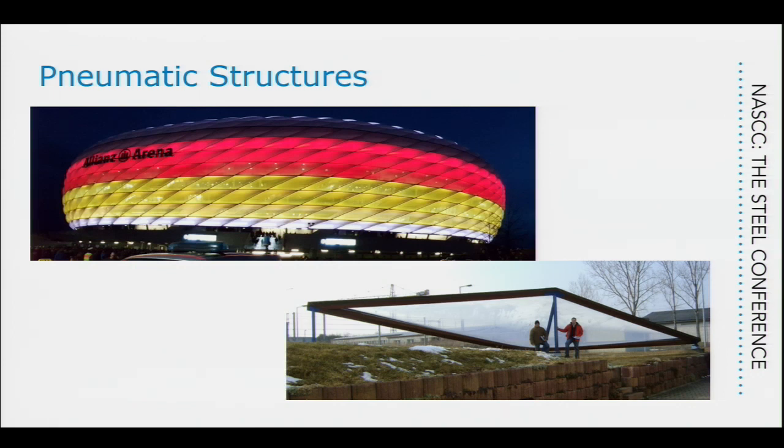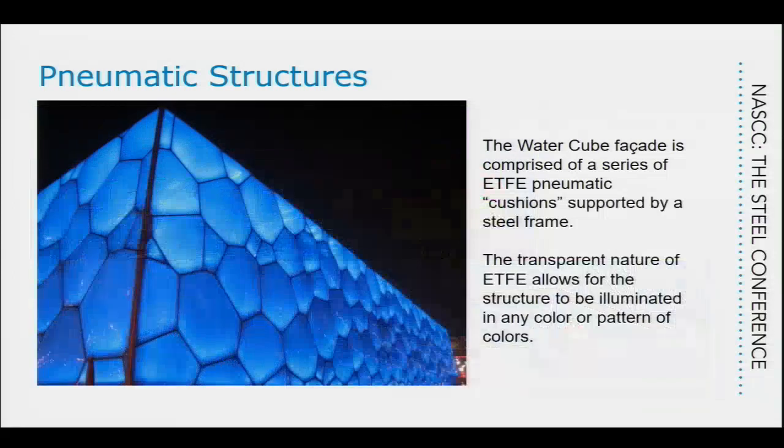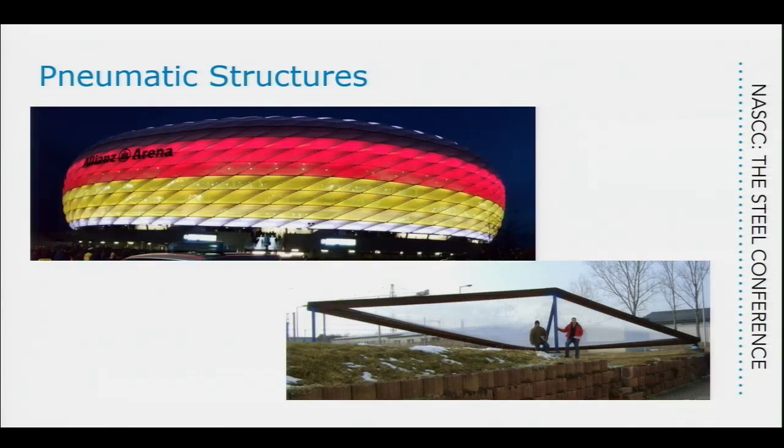As you saw in the Water Cube, they illuminated it blue, but here they can illuminate it in whatever color they want. They've illuminated this in a mosaic pattern. Here I think it was a national holiday, so they illuminated it as the German flag, but you could illuminate it in whatever pattern you want.